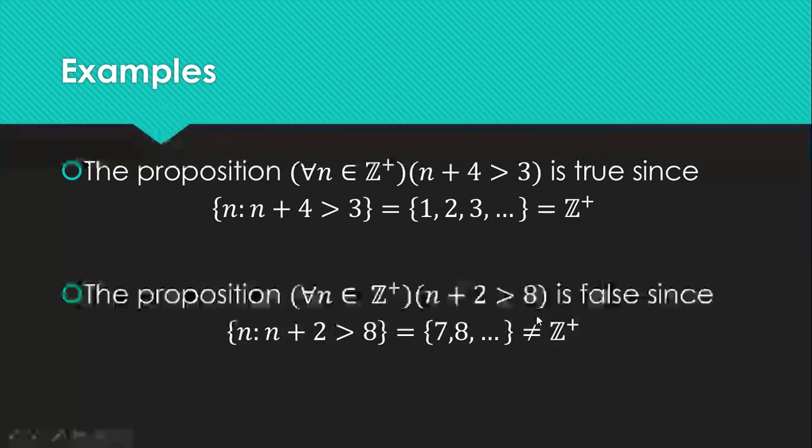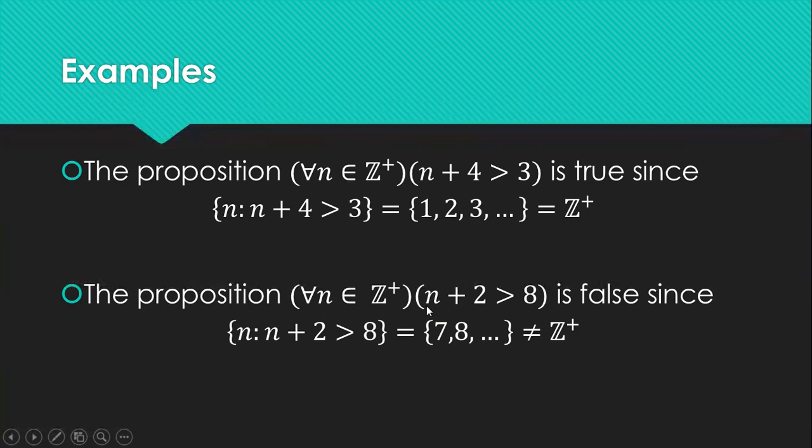Now, this is said to be false because not all elements of the set of positive integers can be used to satisfy the propositional function. Why do we say so? Because if we try to substitute the elements of the set of positive integers, not all of them will satisfy this condition.